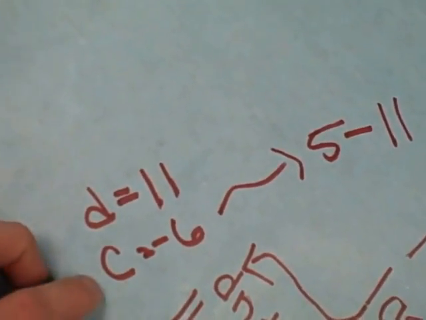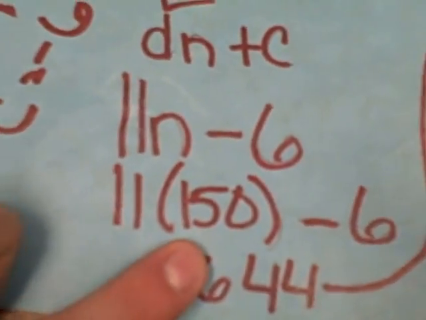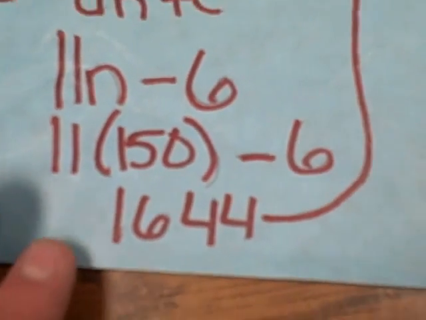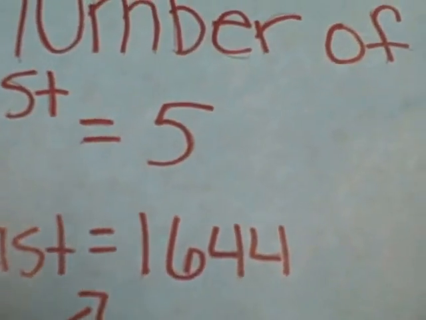Then we would take c, which is a1, 5, minus the common difference, and that would give you -6. Then you would plug that into dn plus c, and that would be 11 times the number, which is 150, minus 6, and that would give you 1644 for the last term.